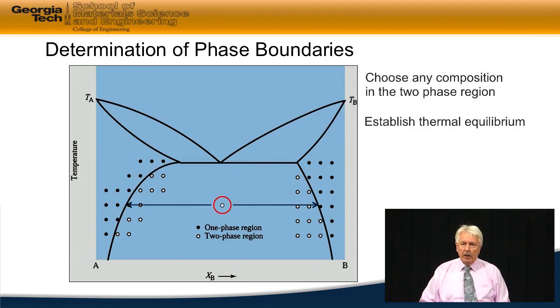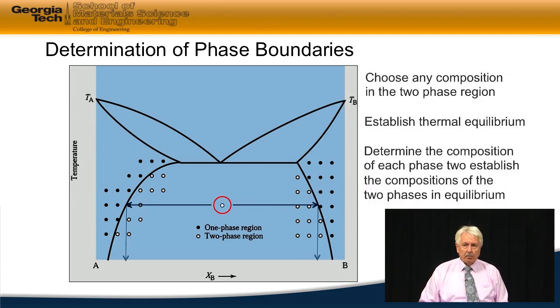So what does that mean? Well, from the micrographs, we can determine how much alpha we have and how much beta we have. In addition to that, we can also determine the compositions of the phase boundaries. As a result, we would be able to locate that phase boundary for that isothermal condition.